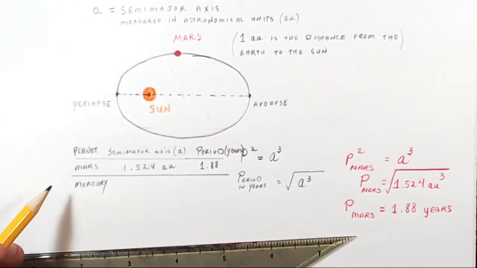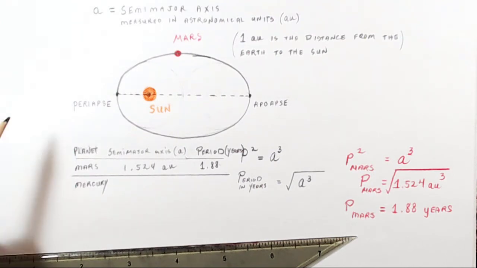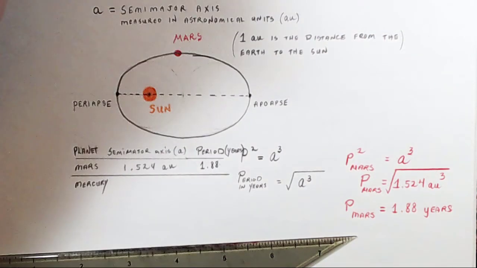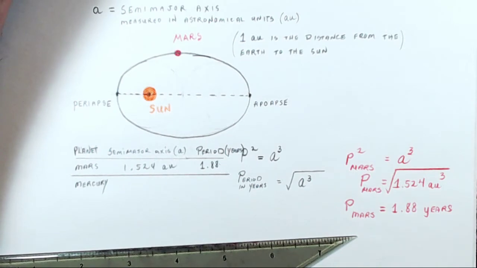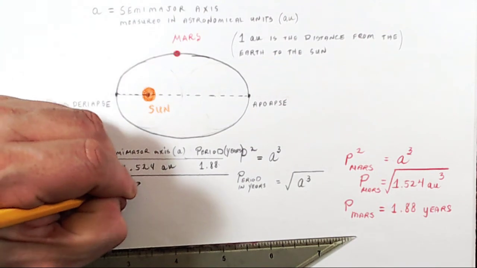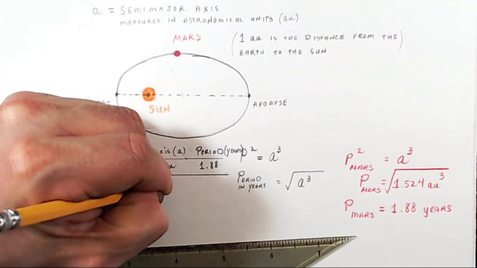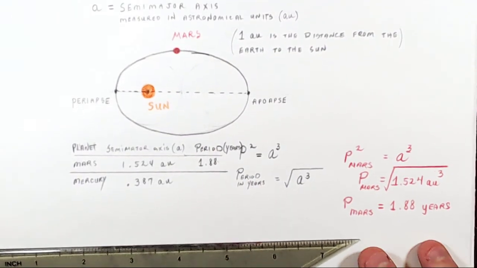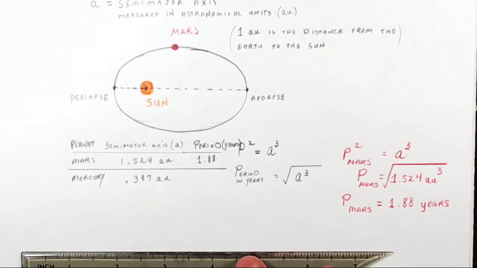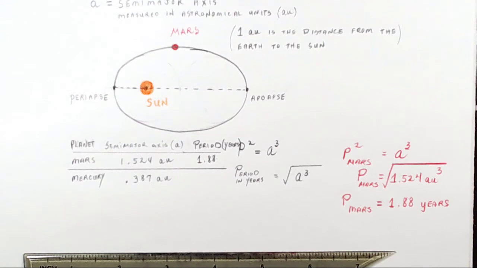So since Mercury is closer to the Sun, we would expect that its semi-major axis would be less than Mars and less than Earth's. And indeed it is. The semi-major axis for Mercury is 0.387 astronomical units. Okay. Well, I don't know what color to use for Mercury, so I'll just use blue.